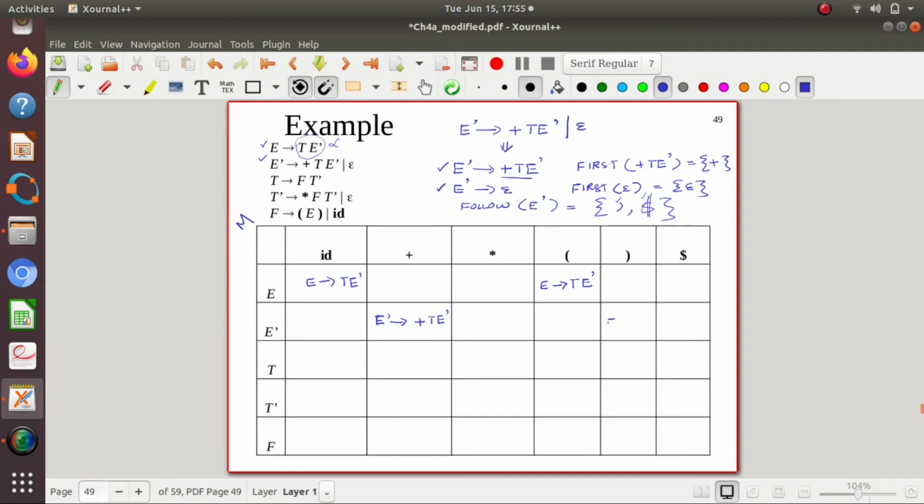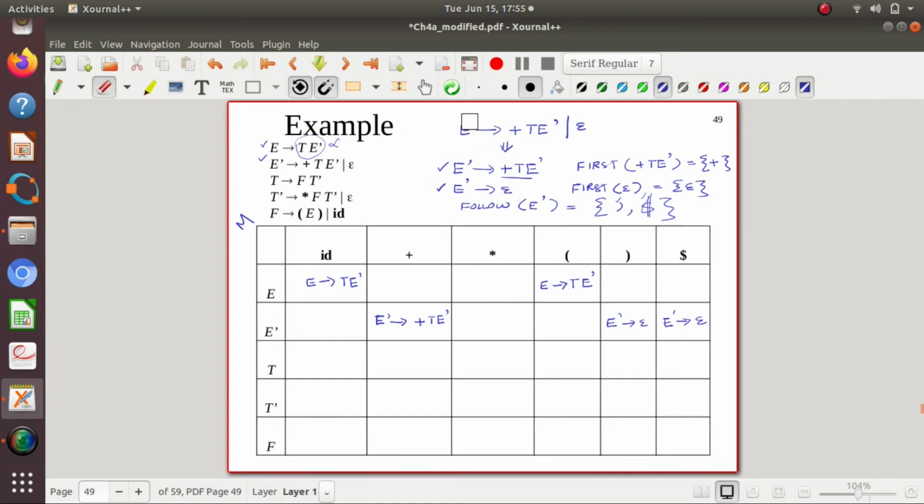So for E dash with this one, E dash being the non-terminal, we have to add that production. E dash gives epsilon here, and at E dash and dollar, E dash gives epsilon here. So we added both there. That is done.